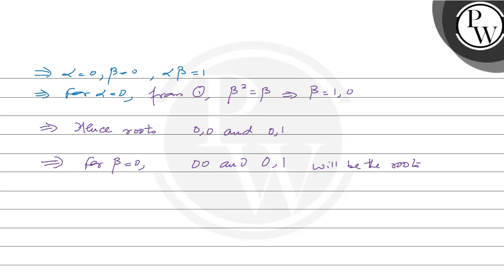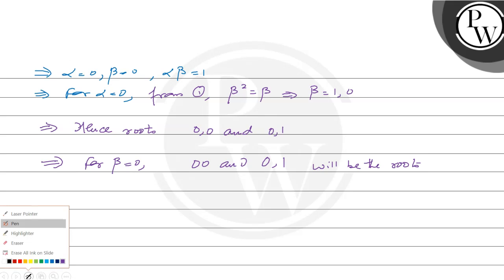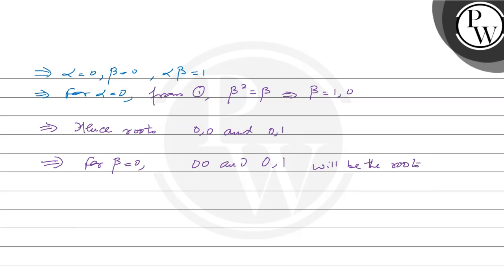And now I am coming to the next. One value was alpha beta equal to 1 also. For alpha beta equal to 1, what can I have from first?